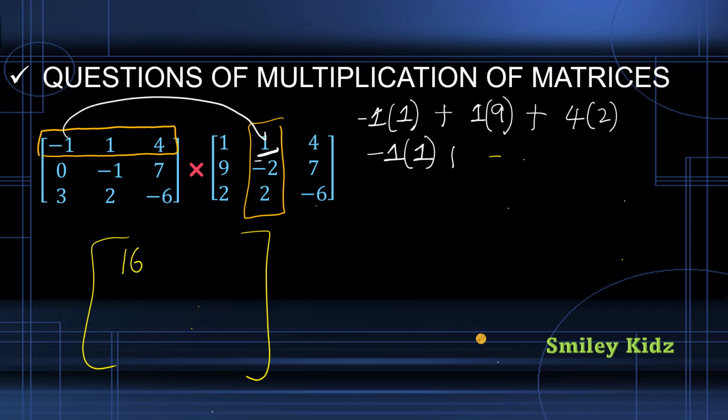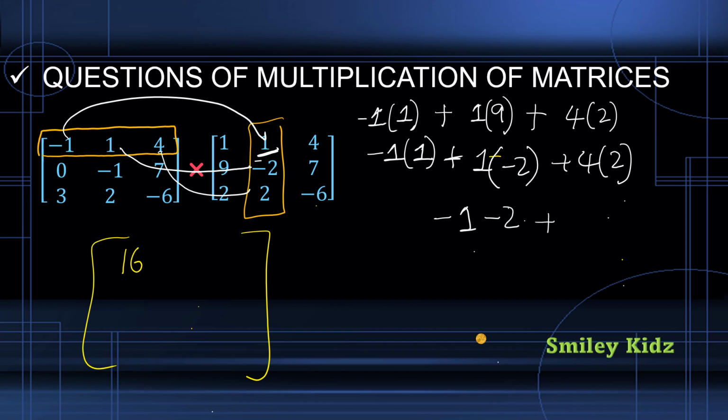So minus 1 into 1 plus 1 into minus 2 plus 4 into 2. This is going to be minus 1 minus 2 plus 8. This is minus 3 plus 8, which is 5. So here we are going to have 5 as our second element.